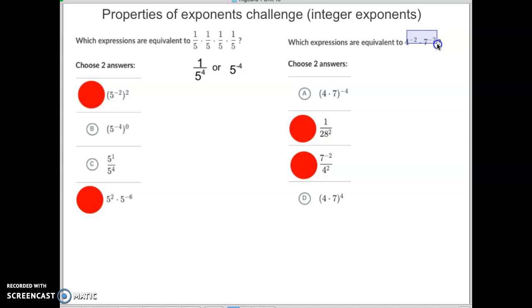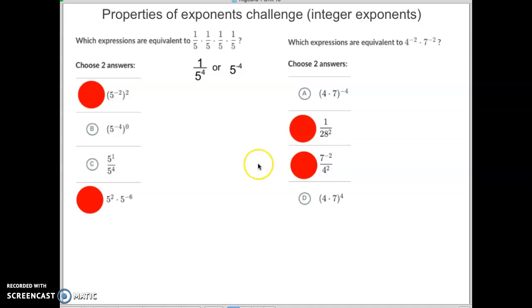It's almost like having a common denominator again. 4 times 7 is 28, so it's like 28 to the negative second power. But this one's 28 to the positive second, because we moved this from the top level to the bottom level, and that changes it from a negative second power to a positive second power.